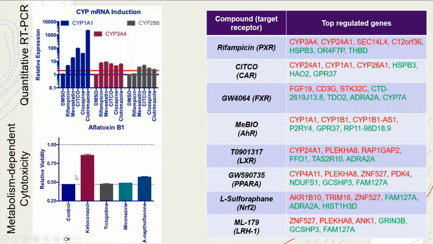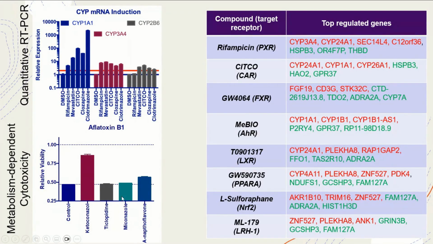You can look at what happens to metabolism. As you alter metabolism, are you altering cellular function or cytotoxicity? What's shown on the bottom slide here is the ability of aflatoxin to kill these cells. Aflatoxin requires CYP3A4 metabolism to become toxic.